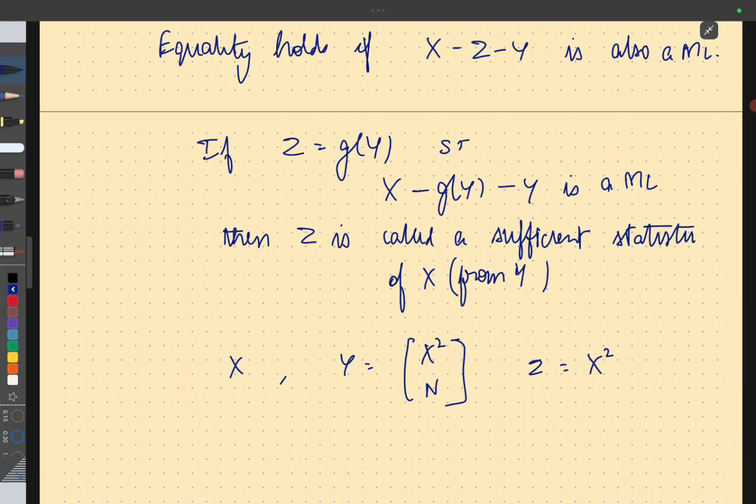But something more, right? The class of sufficient statistics is far beyond just one-to-one or bijective functions. This is an example where it's not a one-to-one function, it's a many-to-one function. That's the only point I wanted to make.